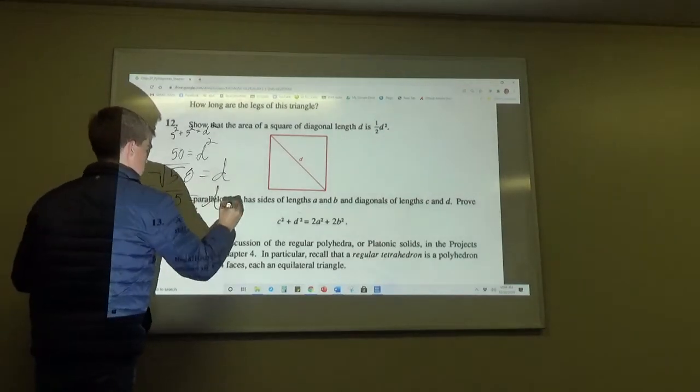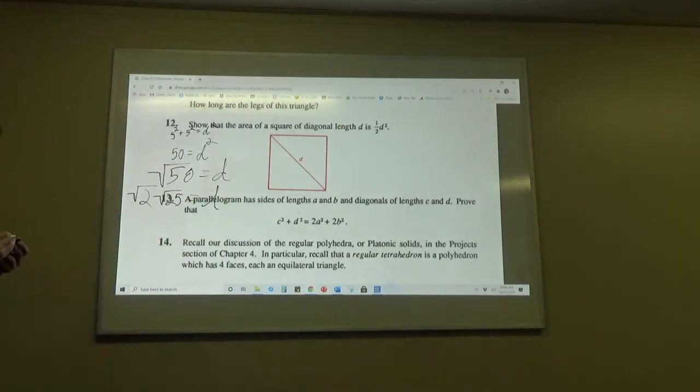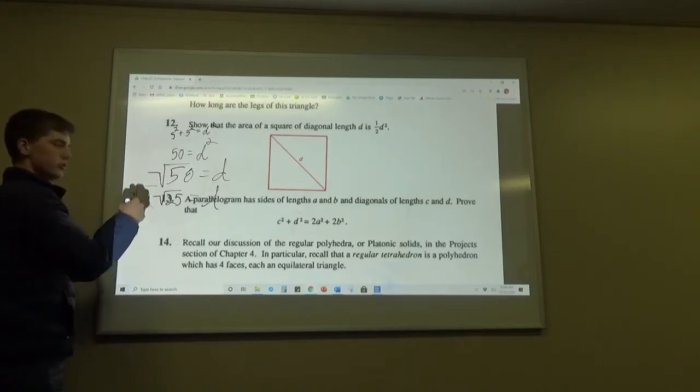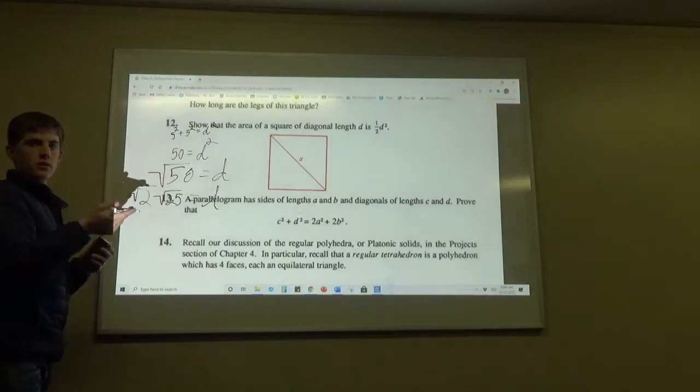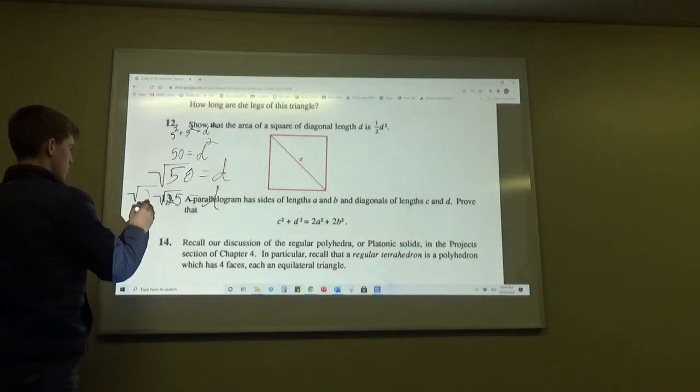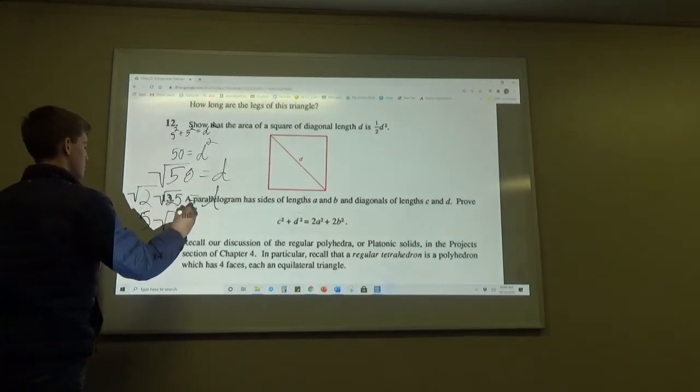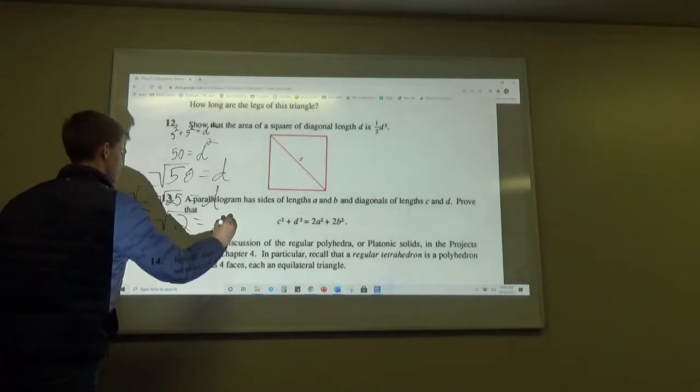Everybody see that? Is that correct? Yes. Now, that means you're going to have 5 times the square root of 2 equals d.